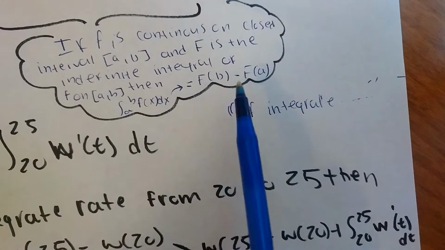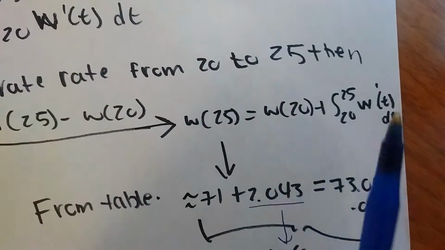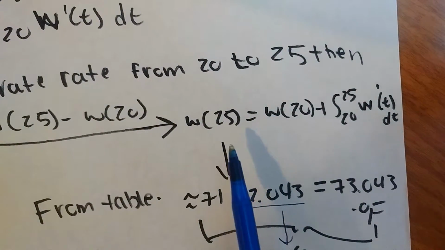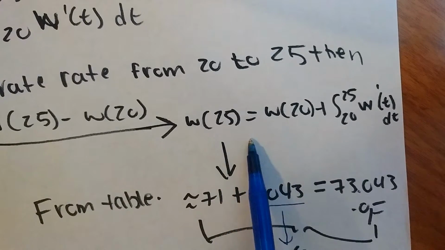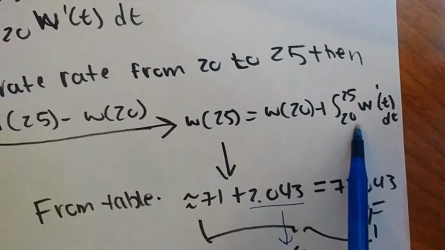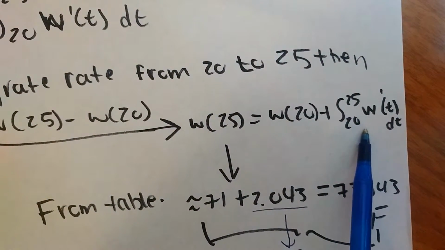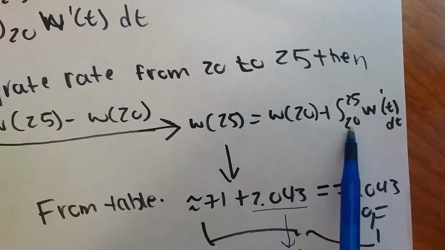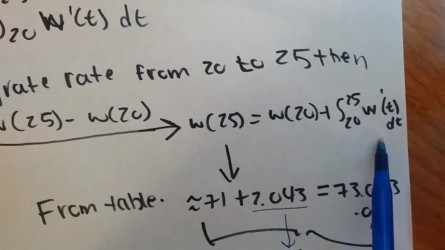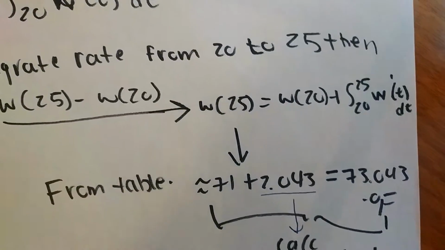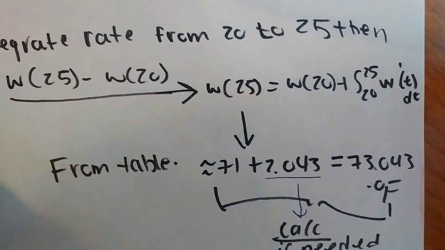So we're just rearranging here, so W of 25 equals W of 20 plus our starting expression, the integral from 20 to 25 of W prime of t dt. So we can just plug in numbers from the table.